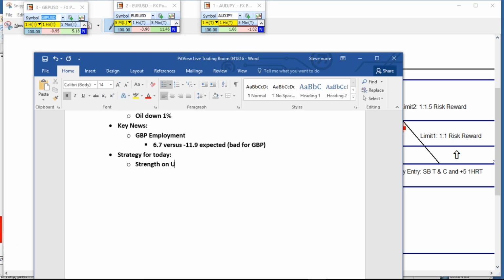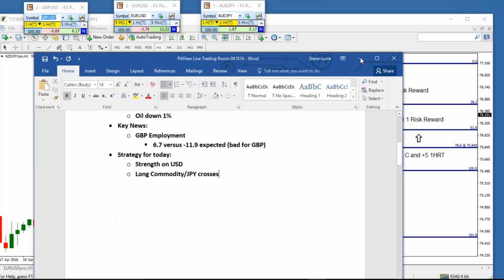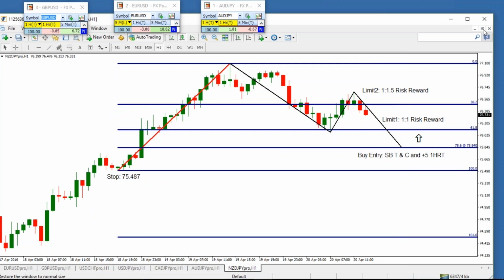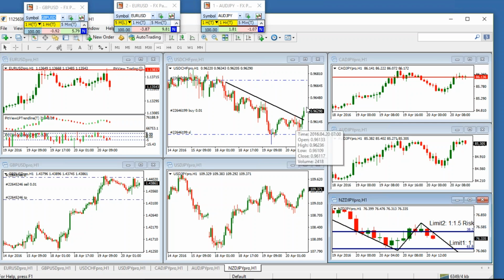We're going to focus more on trading strength into the US dollar and still looking at the commodity yen crosses. So obviously, that's where we stand right now. Still making some upside potential on Swiss.